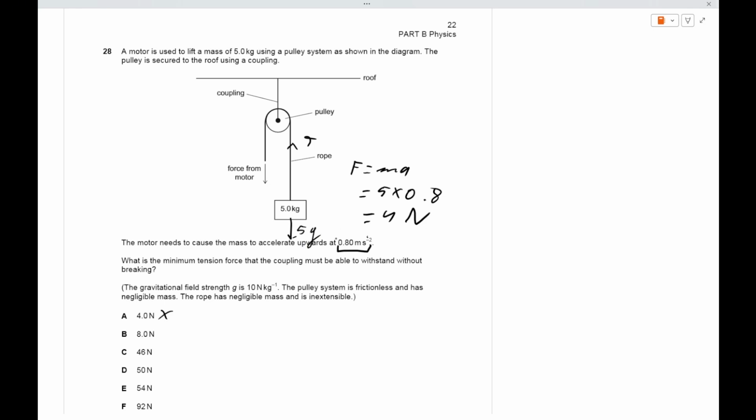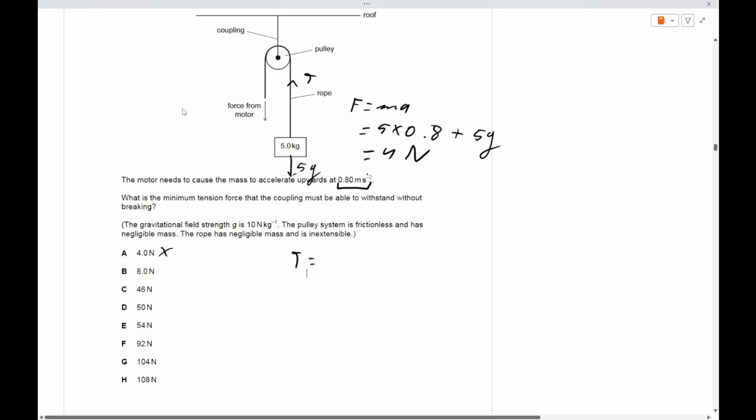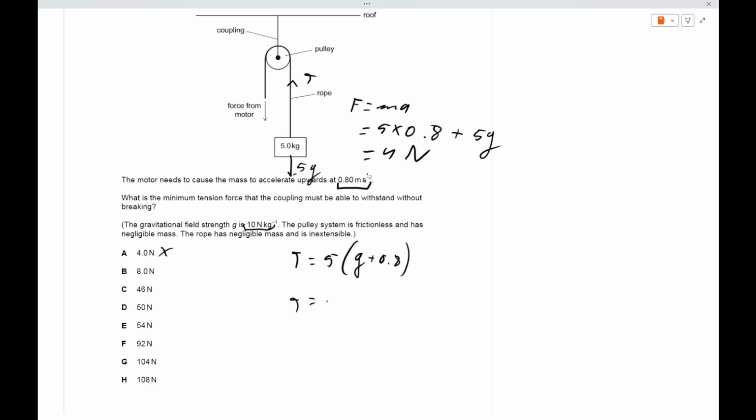We're going to have to add 5g to our resultant force to have our tension. In that case, we know that T is actually going to be 5 brackets G plus 0.8. And since G in this question is just 10, we know that T is going to be equal to 54.